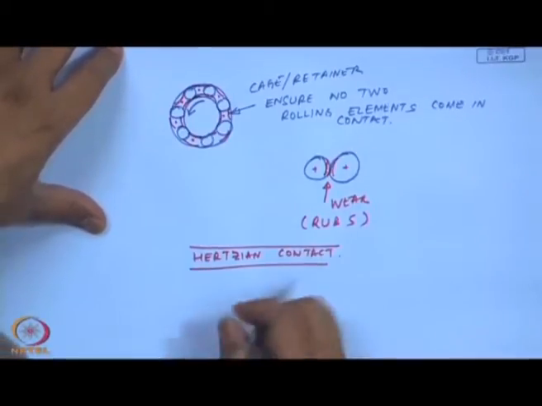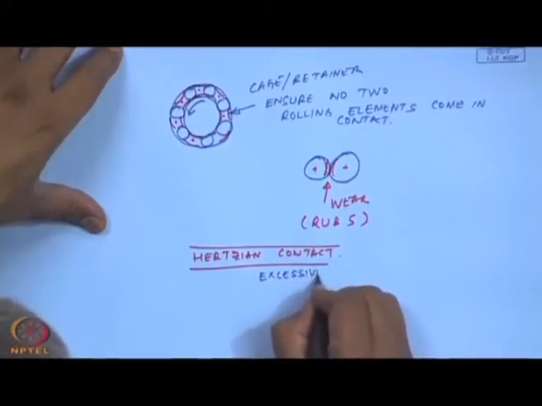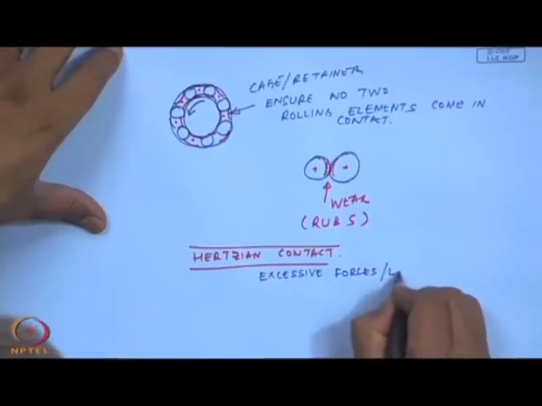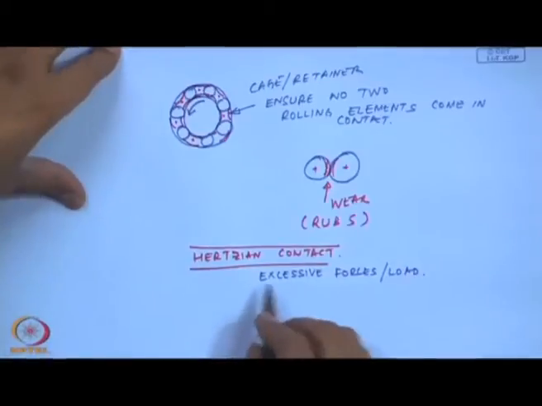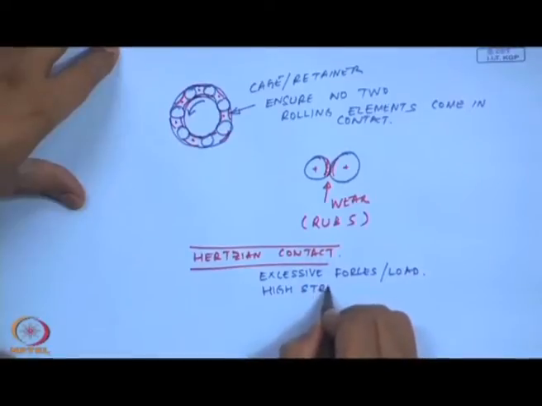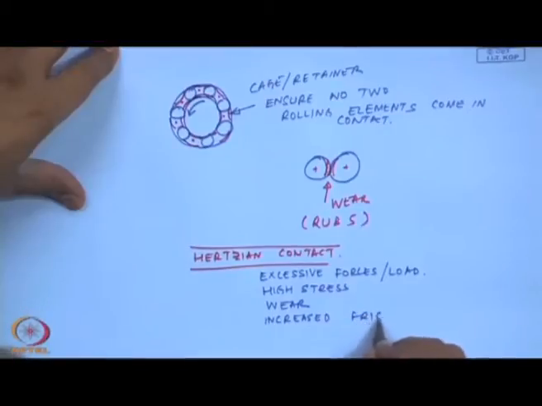Because of Hertzian contact, stresses would be developed, and again the same phenomena will occur. Because of this, there will be excessive forces, load, high stress, wear, increased friction, and then of course noise, kind of a screeching noise.